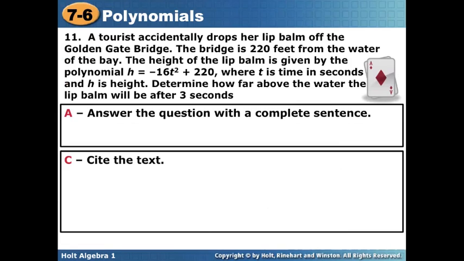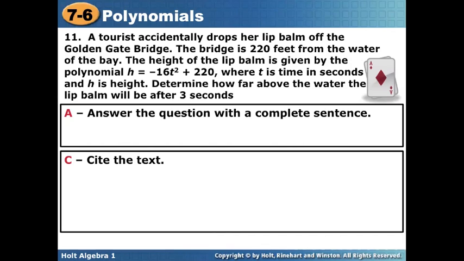Example number 11. You should have received a handout sheet in class with these problems already typed out for you. If you do not have that handout sheet, pause the video and copy this to your notebook paper. We will use the ACE format to answer. Number 11.